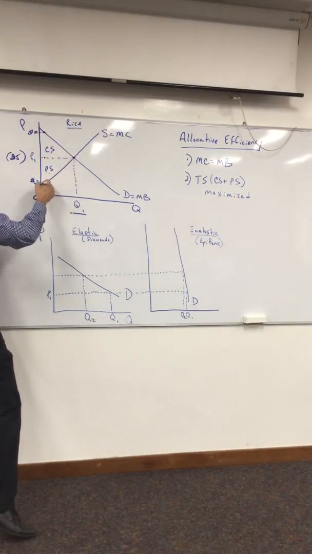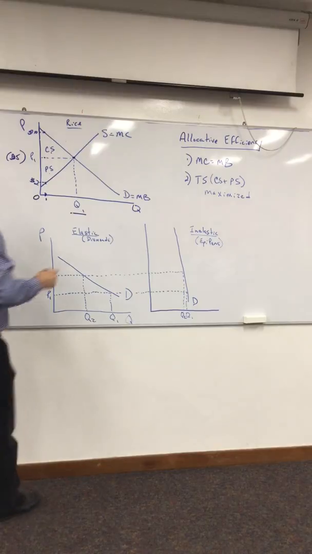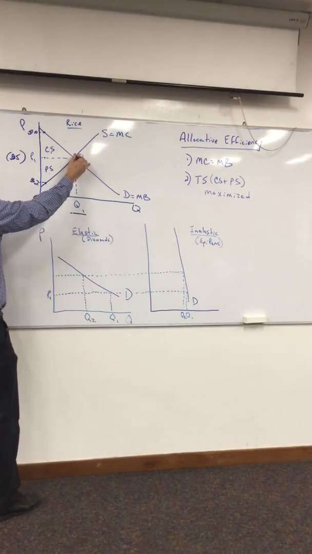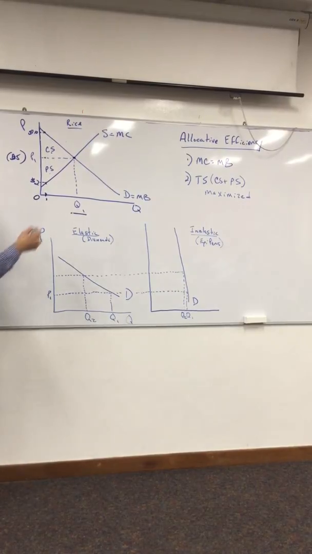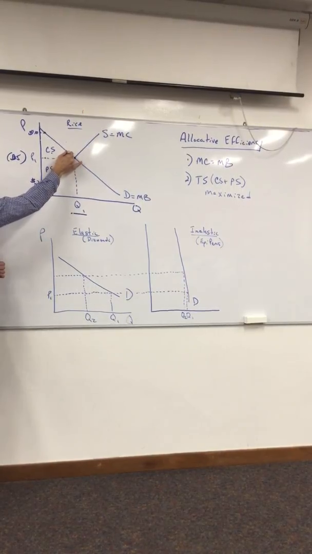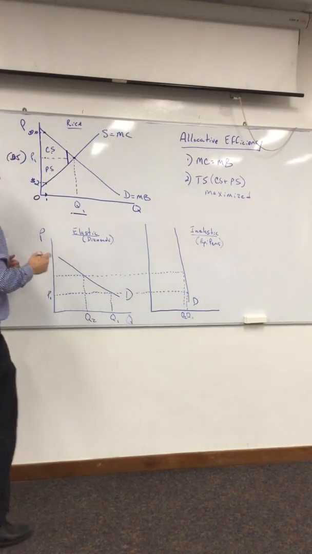This triangle below the equilibrium price is the area of producer surplus, the two together make total surplus. When you produce at equilibrium, okay, that triangle is maximized. Anything less than Q1 obviously is going to reduce that triangle, the surplus in the market, by some amount. Okay?